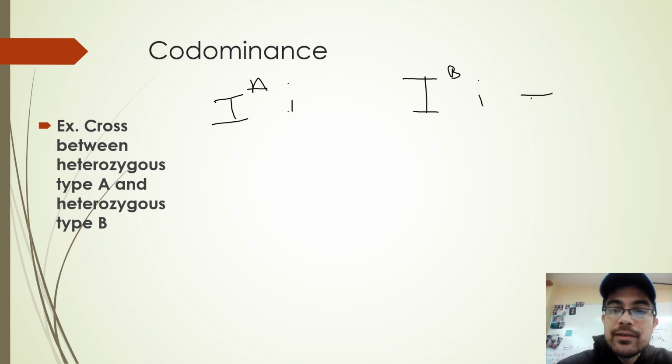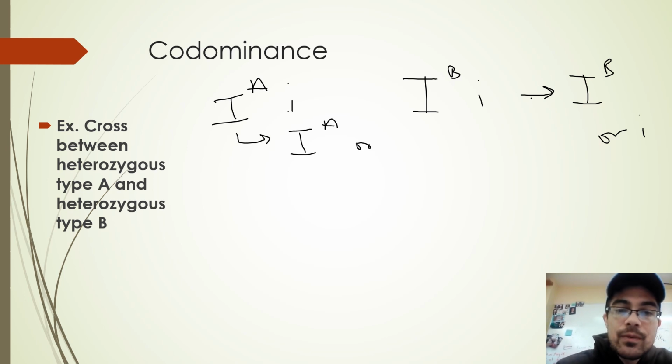So gamete-wise, they can pass on the IB or the lowercase i. And this one, same idea. They could give that or the lowercase one. So let's set up our Punnett square here. Oops, that's a terrible I.